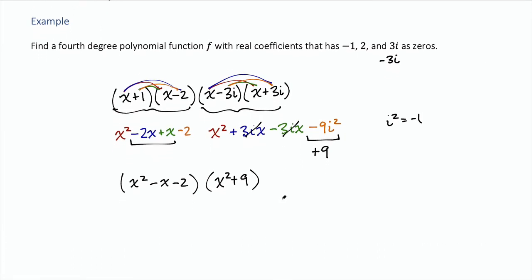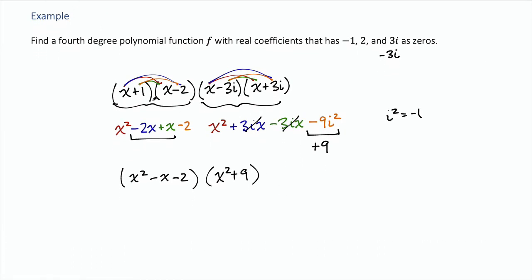Okay, we're almost there. We've multiplied these two different pairs, and now let's go ahead and multiply all of this together. We'll take x squared times x squared. That's x to the 4th. And then x squared times 9 is 9x squared.